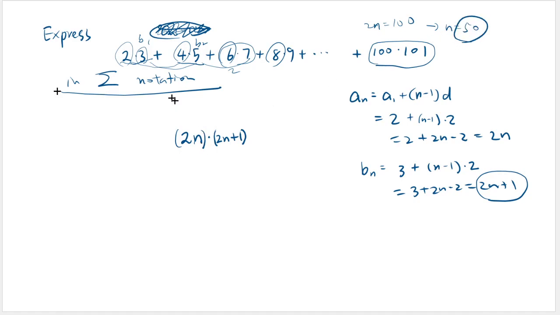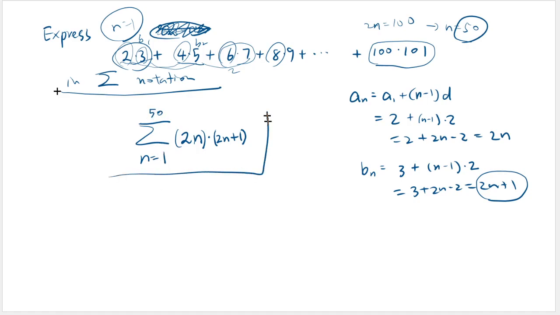So you see that this is the case when n is 1, plugged into this function, and this is the case when n is 50, plugged into this function. And therefore we have a pattern. This is the general form, and we are adding them where n starts from 1 and it ends at 50. So that's how you figure out the sigma notation when you're given a series.